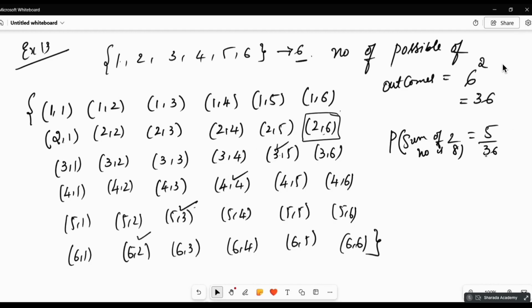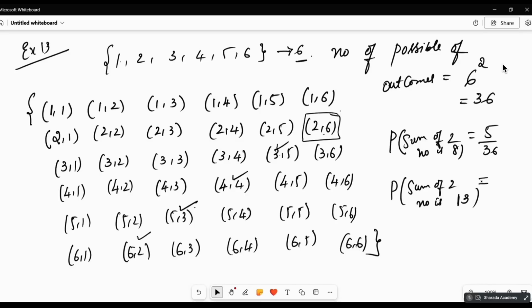And next, 13. Netra, calculate and tell me. The sum of two numbers is 13. What is the probability? Karthik, calculate and tell me. Why is it 0?